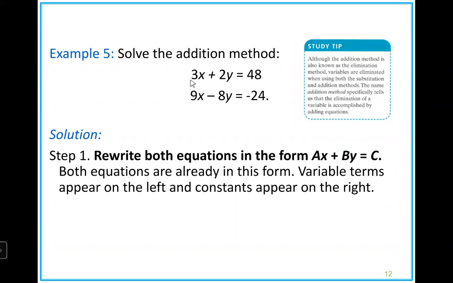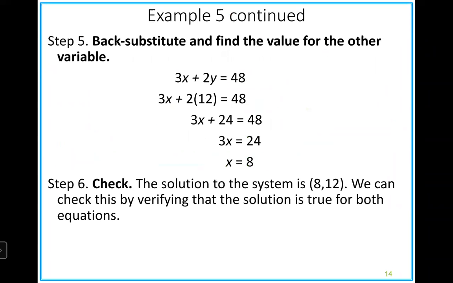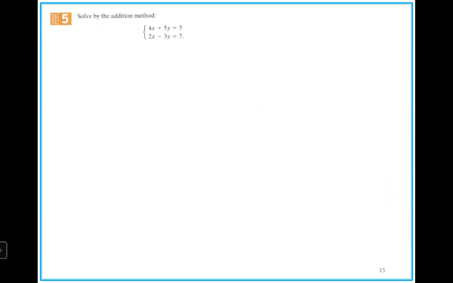So you add these two together, 12 plus 9 gives you 21x. And then you add these two together and work out what x is. Then you substitute that into the equation to find the value for y. Okay, so that's your elimination or addition method.